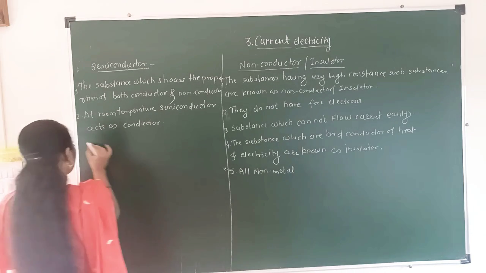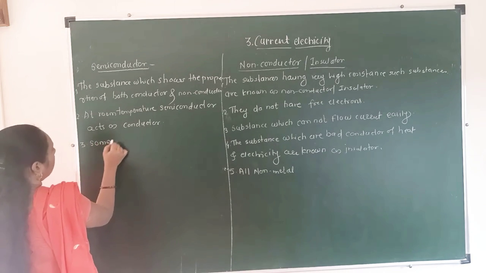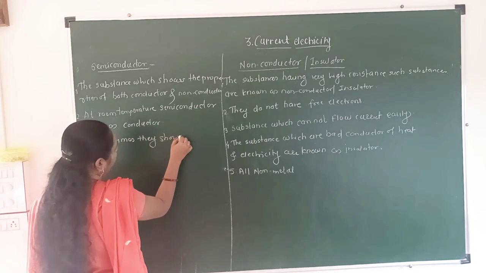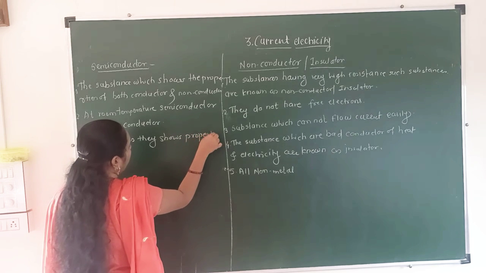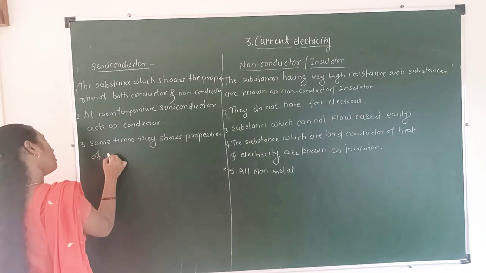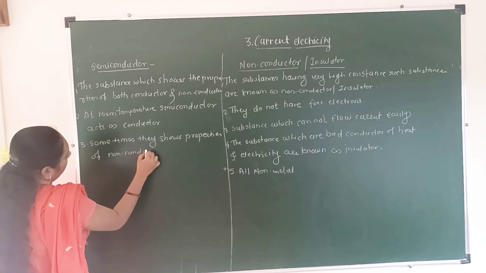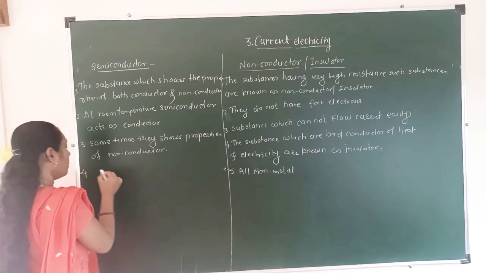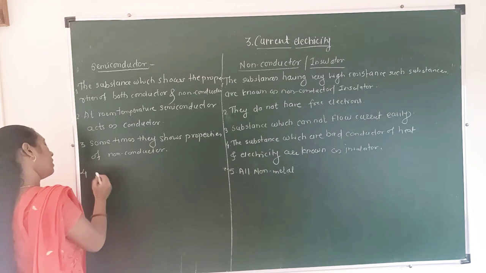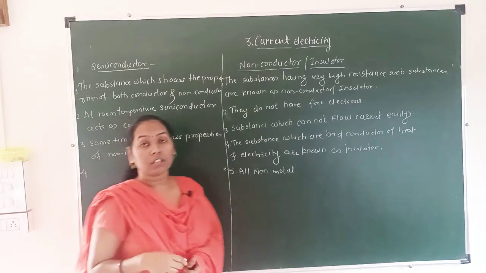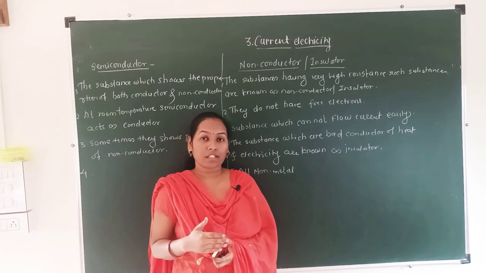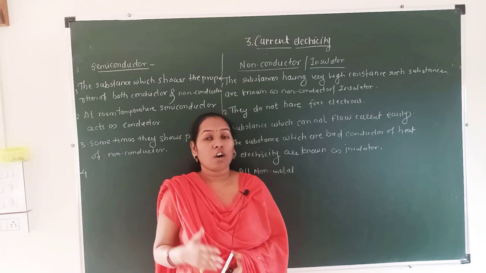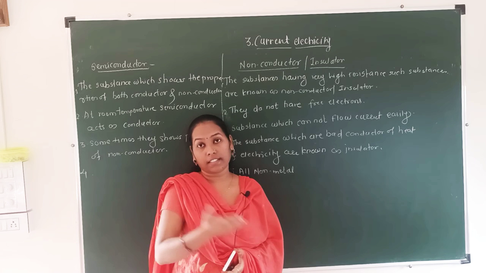And what are the examples for semiconductors? See, what is the definition? Semiconductors are those substances which show both the properties of conductor and non-conductor.